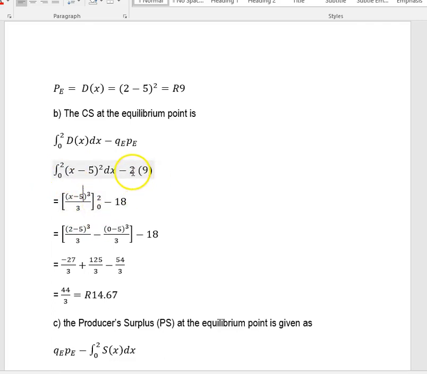So multiply your quantity at equilibrium times price at equilibrium, you have 18. And then you substitute 2 there first, and then 0 again. You do that, that's what we're going to have, minus 18. You take 3 as your lowest common denominator, you're going to have that. And then add that and minus that. You're going to have 14 Rand 67. That is your consumer surplus.